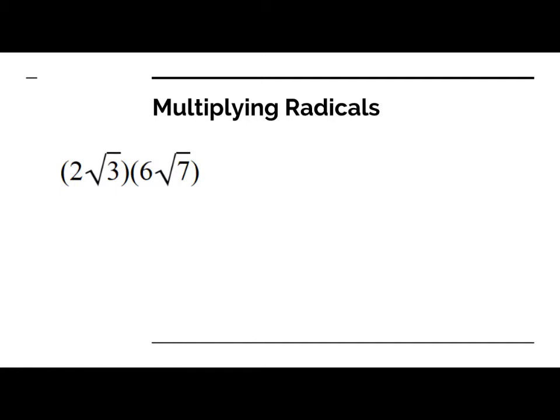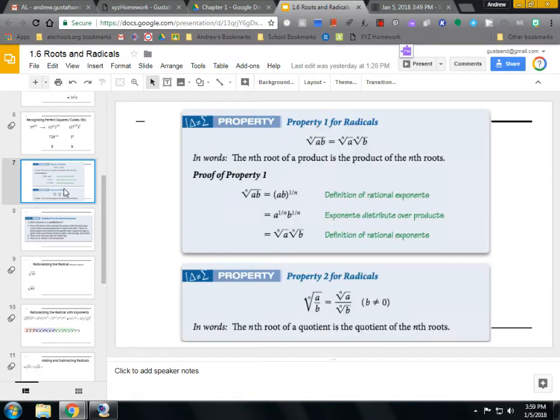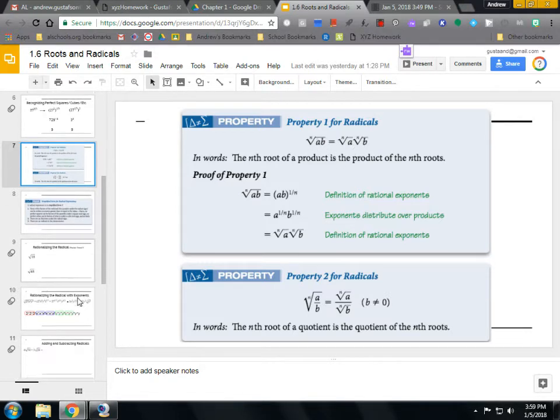Okay, multiplying radicals. Multiplying radicals is a little bit easier in that we really just have to multiply the 2 times the 6. 2 times 6 is 12. And the square root of 3 times the square root of 7. If you remember back to this slide here, the square root of a times the square root of b, we can just combine them together and multiply inside of one radical.